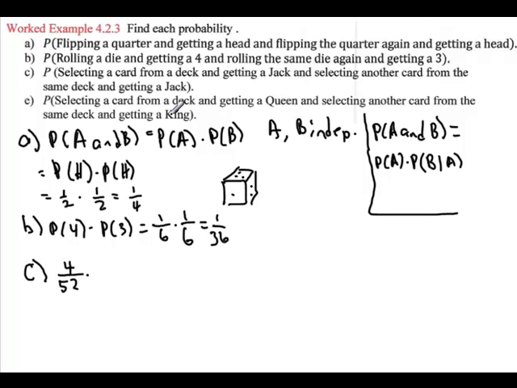Well, I did not replace that first jack, so how many jacks are left? If we selected one the first time, there were 4 to select from out of 52. The next time around, there's only 3 left because I didn't replace it. And out of how many total cards? 51.